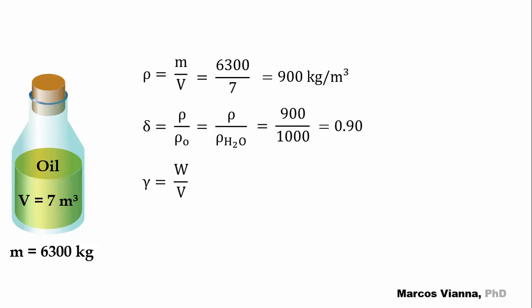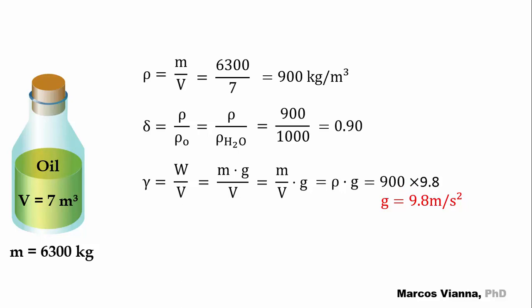0.90. The specific weight will be gamma equals W over V equals mg over V equals m over v g equals rho g. Let's assume that g equals 9.8 meters over square second.